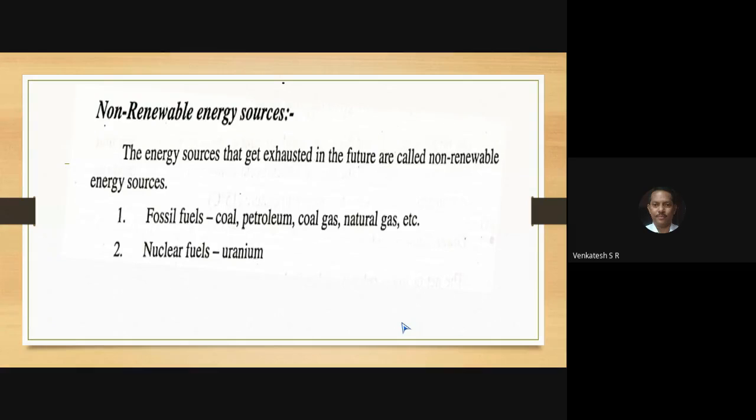Below that, write down: the energy sources that get exhausted in the future are called non-renewable energy sources.